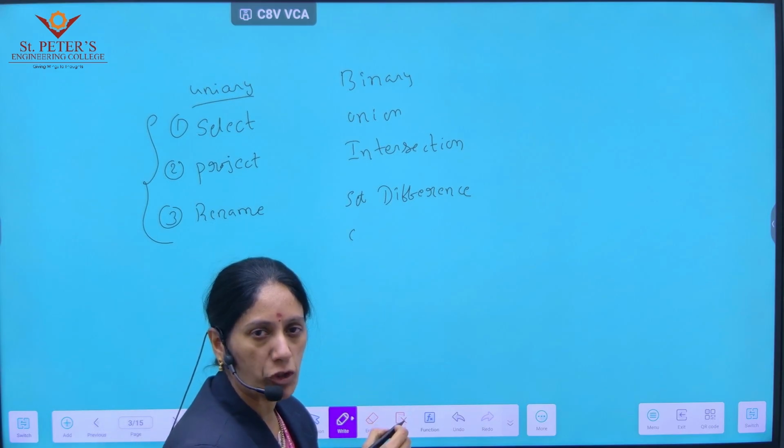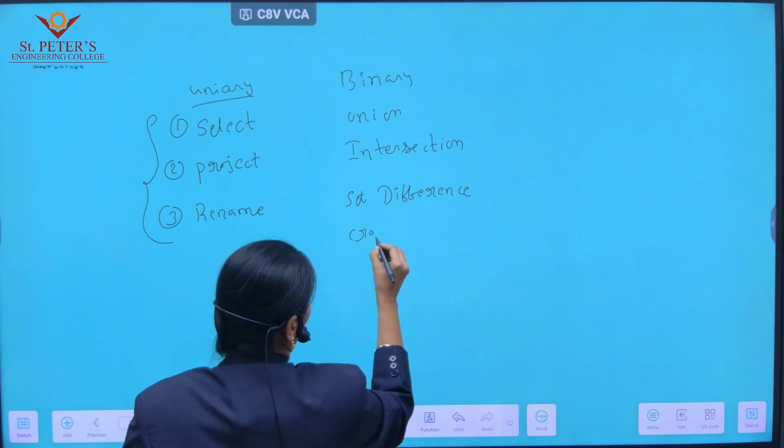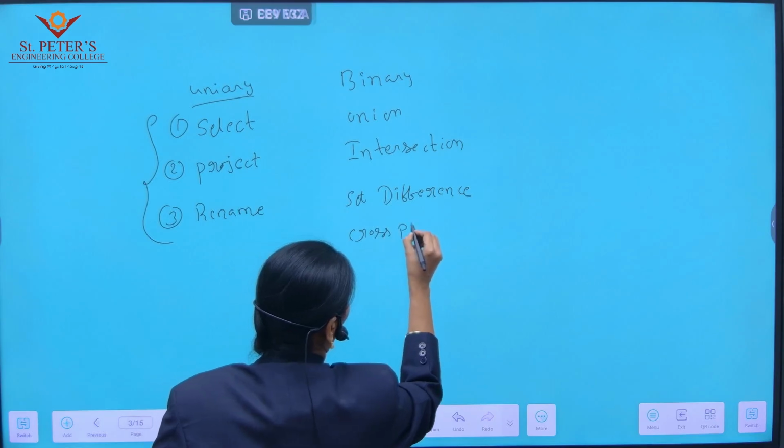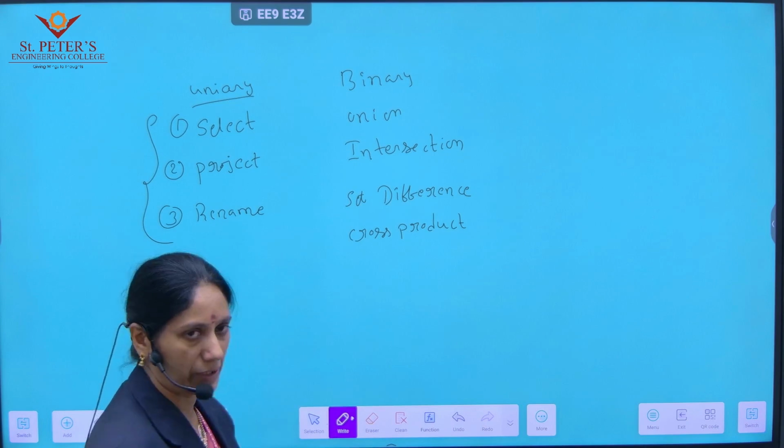One more name for it is the cross product operation. Okay, let us see them one by one.